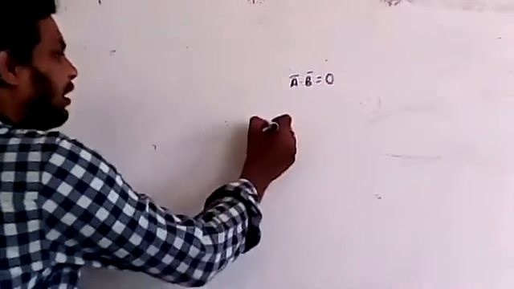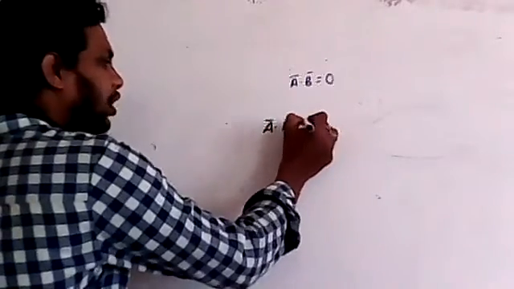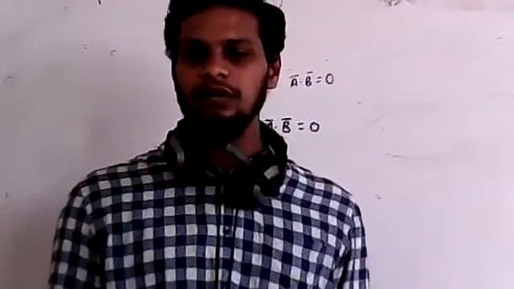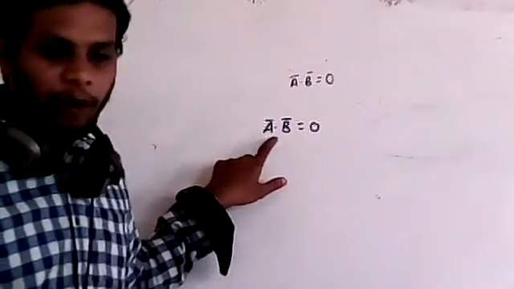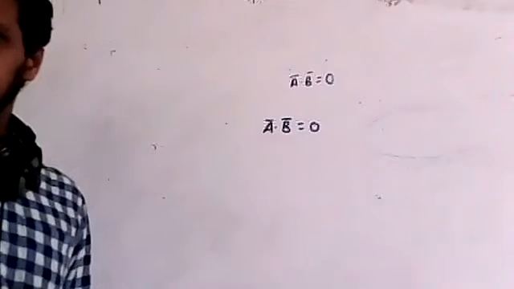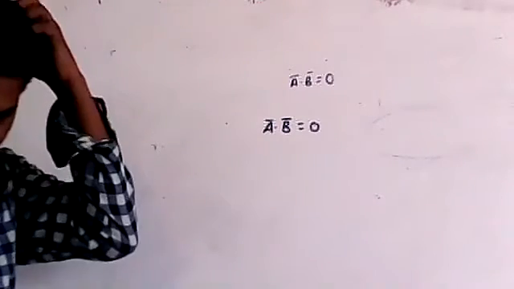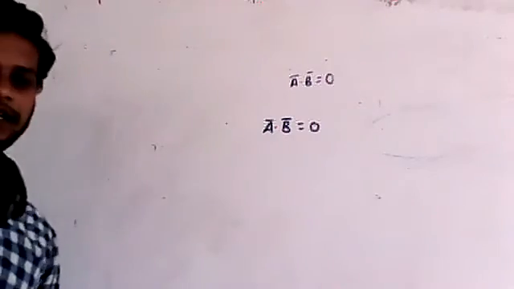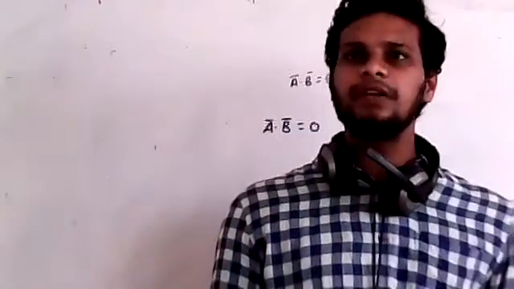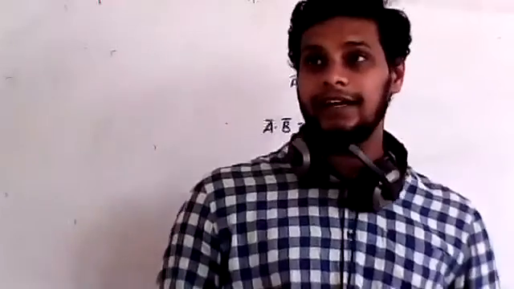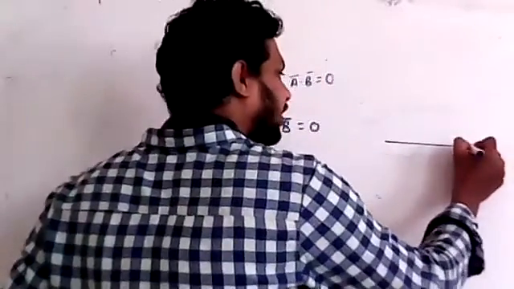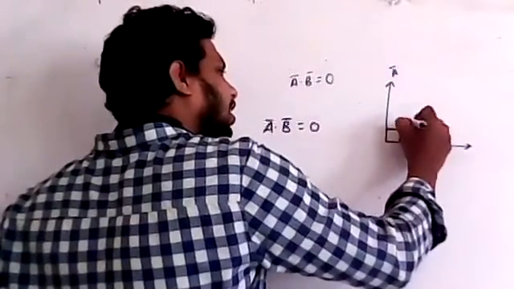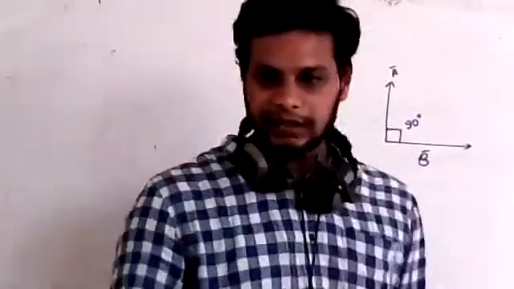If you remember the properties of dot product, it is not 0, it is 90 degrees. I will take this as B bar and this as A bar. Now what is the angle between A bar and B bar? 90 degrees.